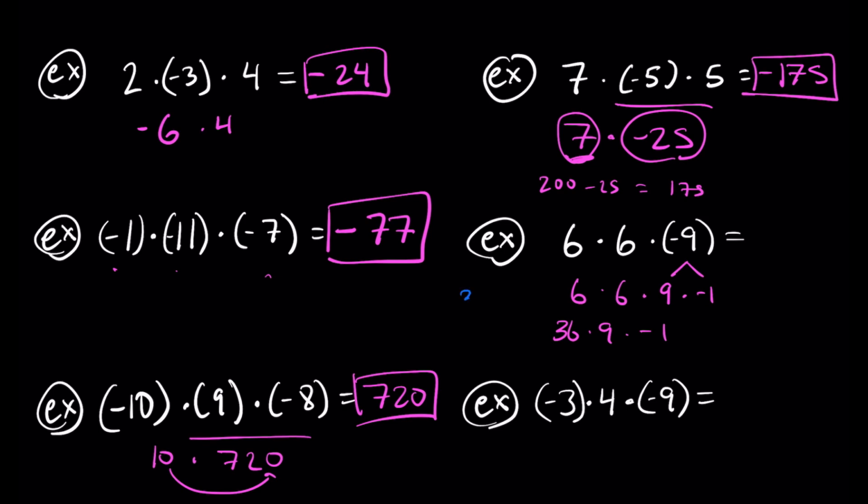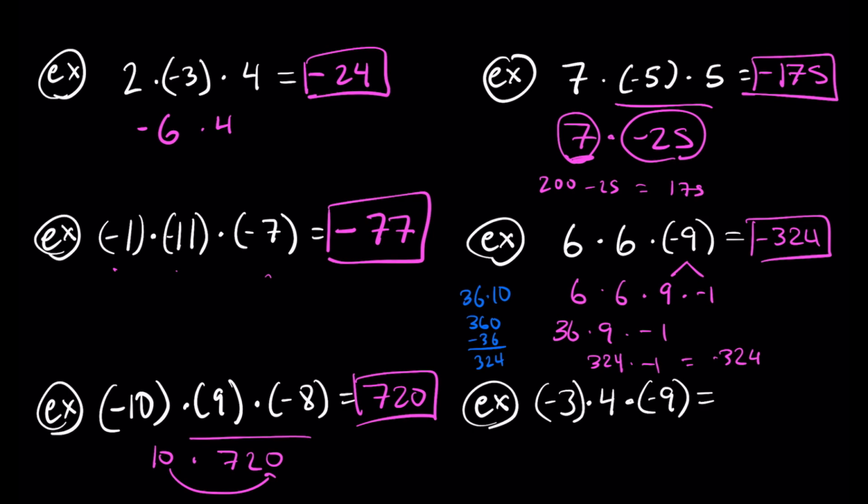Well, if I did 36 times 10, that's 360. But I have 36 times 9, so I'm just going to subtract a 36 from that and get, what's that going to be, 324? Yeah, so we'll have 324 times negative 1, which is negative 324.